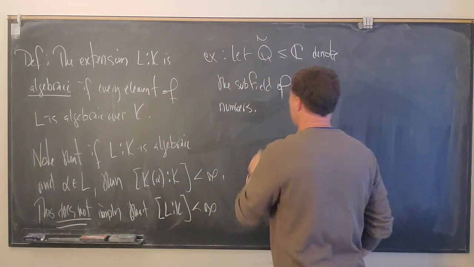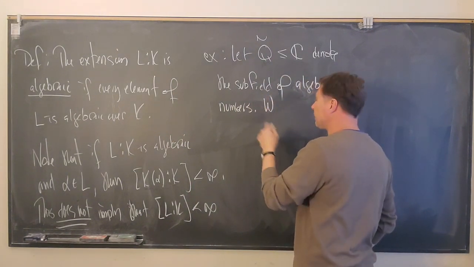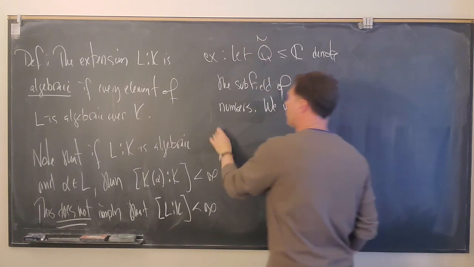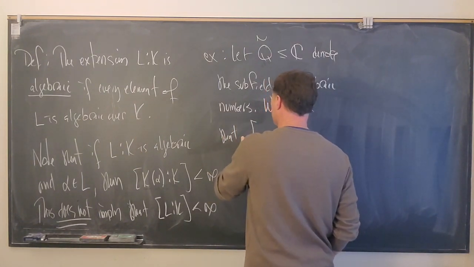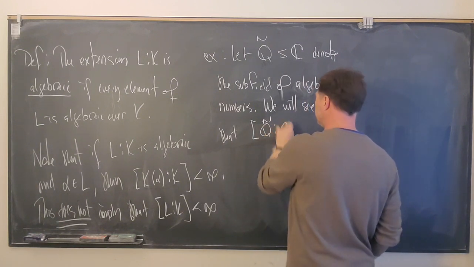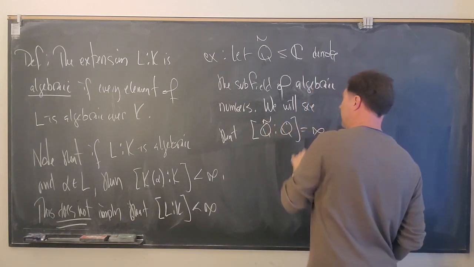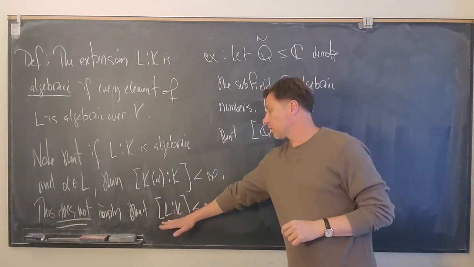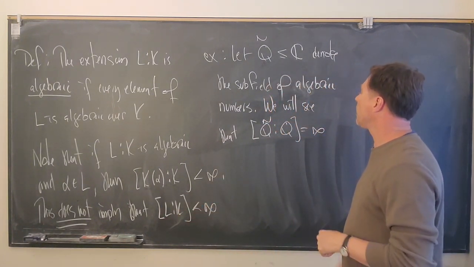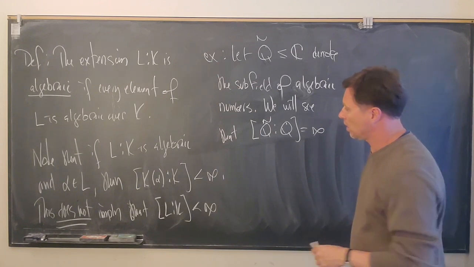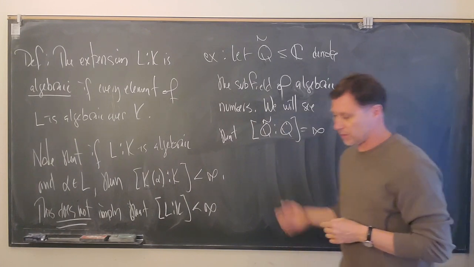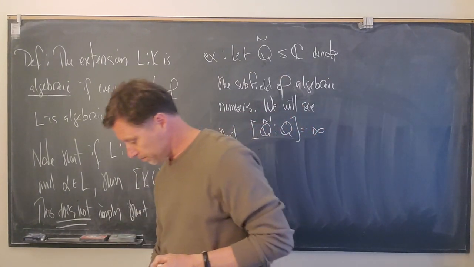Later, at the end of this lecture, we will see that the degree of the extension is infinity. So that's an example of this behavior: just because the extension is algebraic does not mean that the degree is less than infinity.